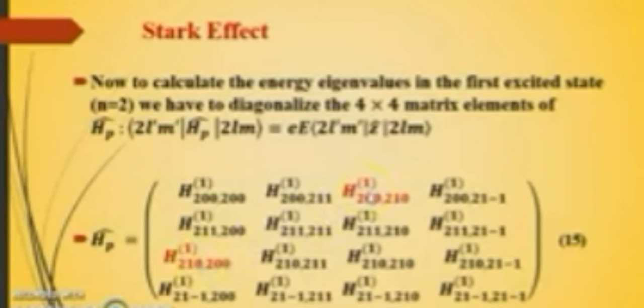Specially, we have made these 2 in red color just to make them look different from the others, because these 2 correspond to the condition where we have m dash equal to m. We have 2 0 0, this is m dash, this is m, and this is m, this is m dash, and we have states with l dash and l.